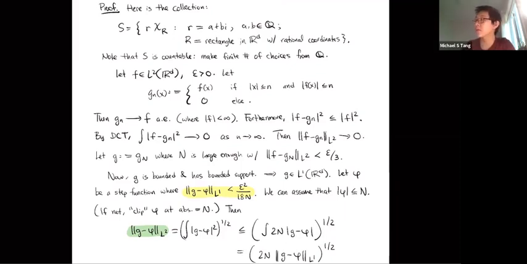Our first step was to look at this function, absolute f minus gn to the power p, well, to the power 2. So I think if you replace the 2 with a p, then you can prove that you can approximate f with gn in LP norm. And now everything else sort of takes place in L1. So I think it shouldn't be too hard to generalize this.